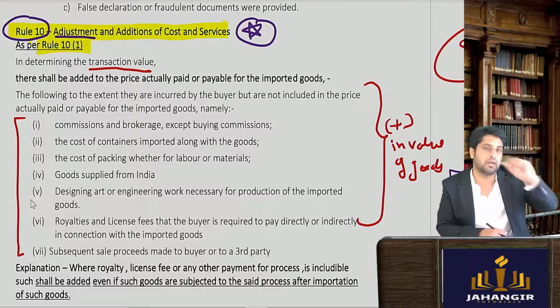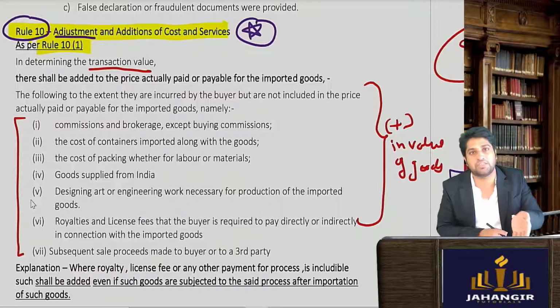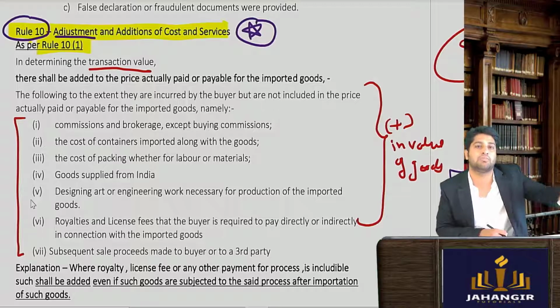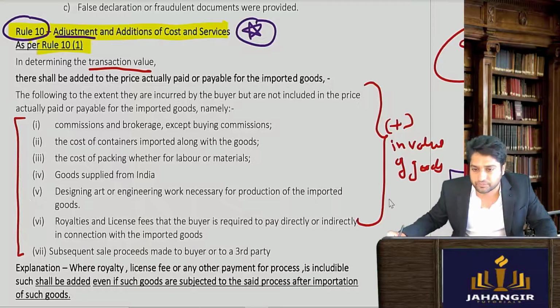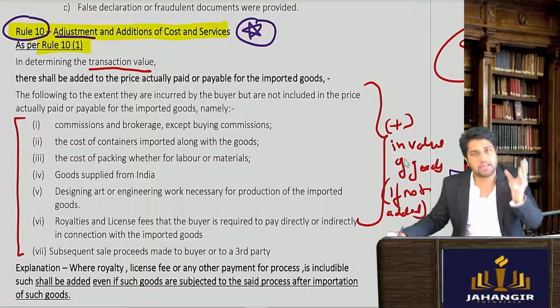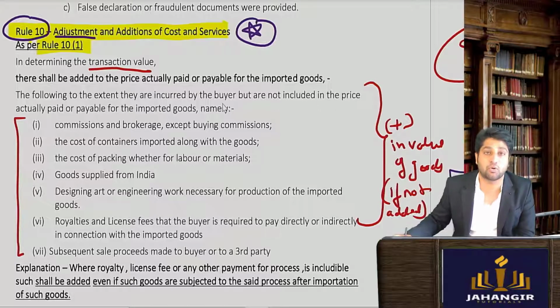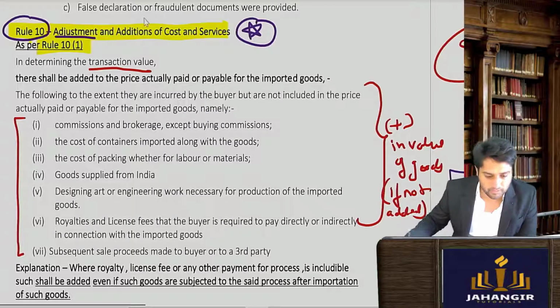Invoice price might merely say 10,000 rupees, but one of these costings or expenses is also borne by the buyer. Buyer is also making payment on these things. So these will be added in value of goods if not added. अगर added है, सब included है तो कोई टेंशन नहीं है, but अगर included नहीं है तो आप करोगे include.